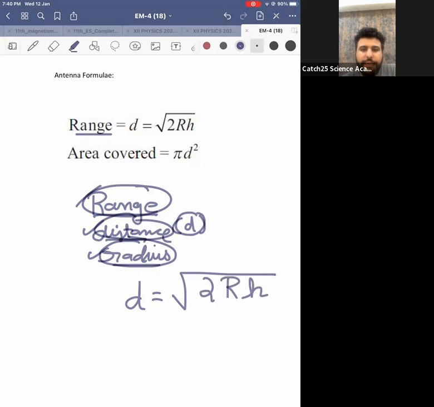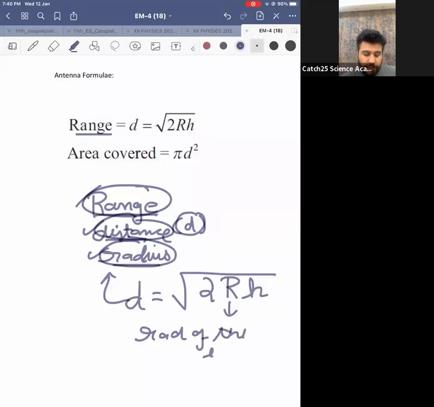This is as simple as it gets. D is equal to square root of 2RH, where D stands for either range or distance or radius covered by an antenna. Don't write, listen to me first. 2 is a number. R stands for radius of the earth.